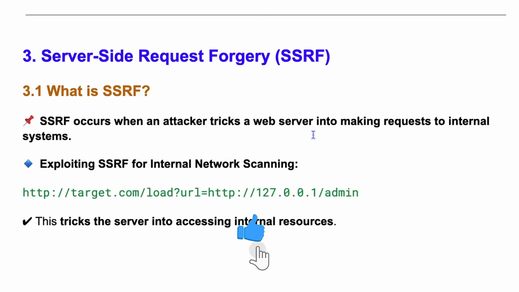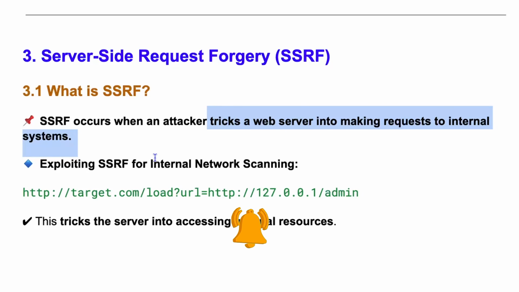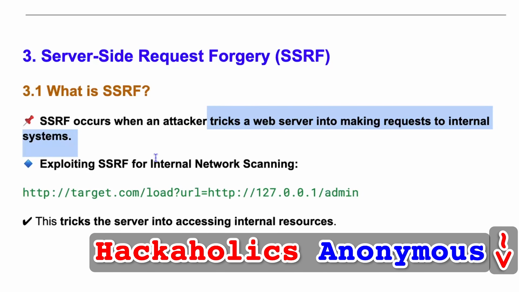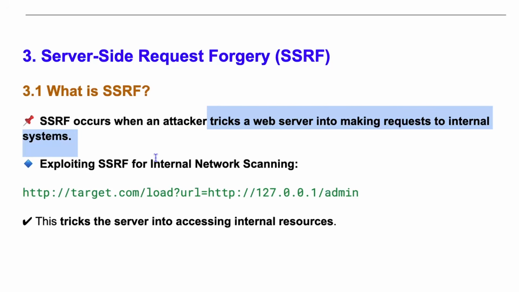Now we can move on to server-side request forgery, which occurs when the attacker tricks a web server into making requests to internal systems. This would be done when client-side attacks don't work, so now you want to take advantage of the server-side requests that are being made.